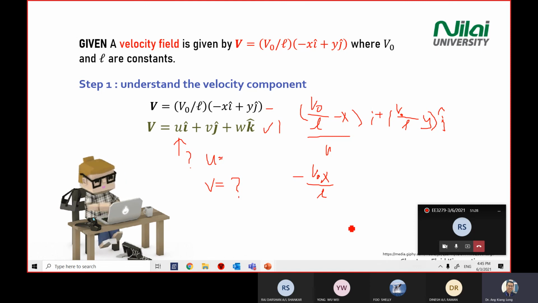What is the w value? The w value is actually the same, v over the density minus x, and then we need to put the k outside, sir. Am I right? That is your answer. This is my answer, sir. Okay, I check back on that.